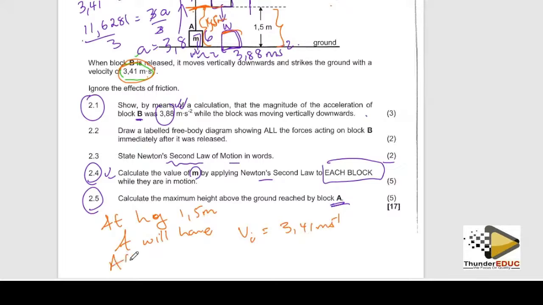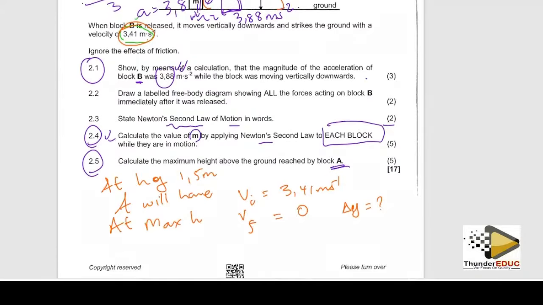And we know that at maximum height, the final velocity must be a 0. Okay, the question is asking us to find the displacement. So we need to find the height that the object moves.